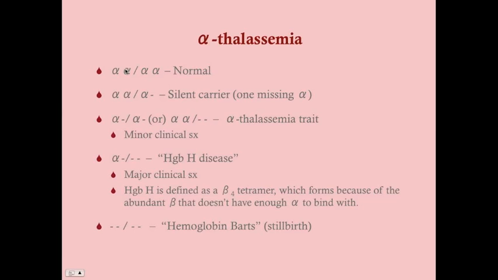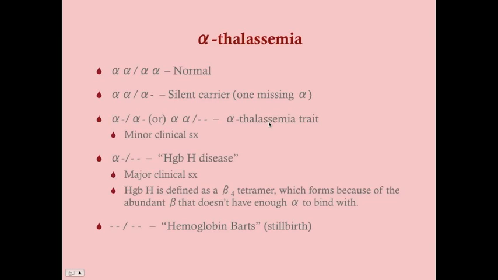Alpha thalassemia trait would be having 2 missing alpha genes. Now you could have 1 missing alpha on one gene and 1 missing alpha on the other gene, or you could have 2 normal alphas on one gene and both missing alphas on the other gene. Either or, that's alpha thalassemia trait, and those patients will have minor clinical symptoms.